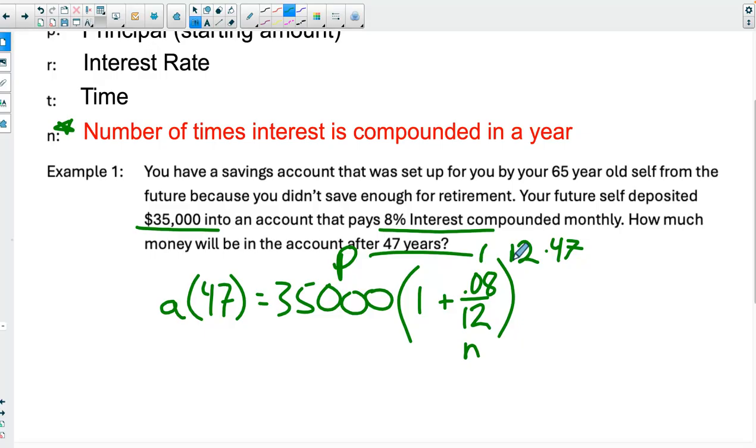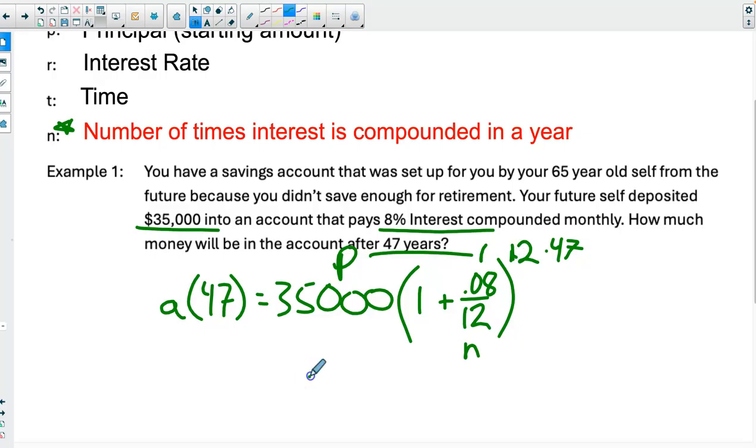Next thing I do is I go ahead and I hit the caret button. And when I do that, I have to put parentheses and I have to put 12 times 47. Close the parentheses. What that's doing is it's just following order of operations. I did what's on the inside of the parentheses. I'm now raising it to the 12 times 47 power.